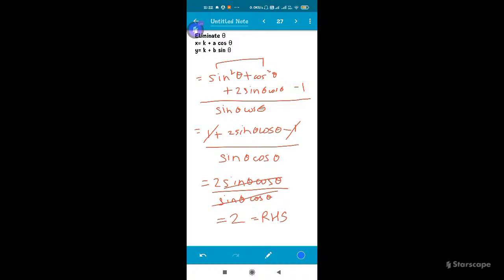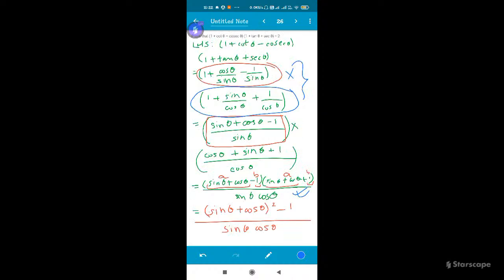Chinmay is asking once again, all right, let me explain that once again. Have some patience. Please don't spam. So we have 1 plus cot theta minus cosec theta into 1 plus tan theta plus sec theta is equal to 2.